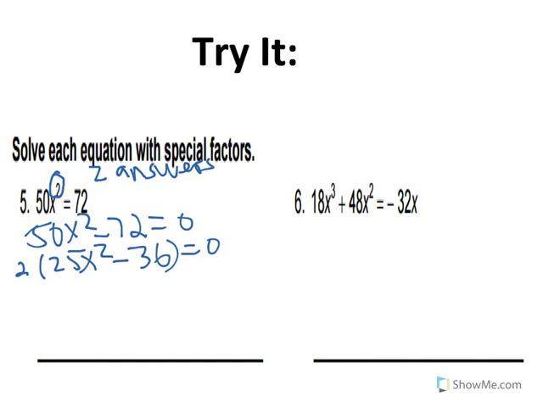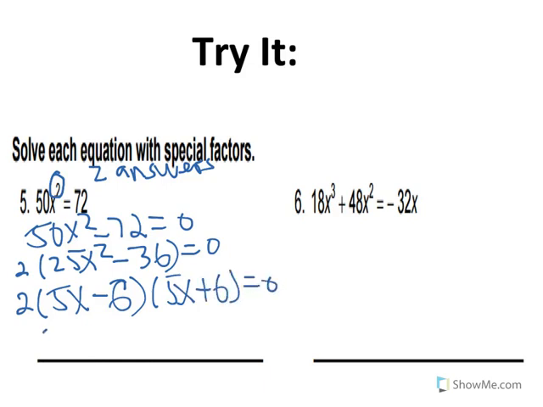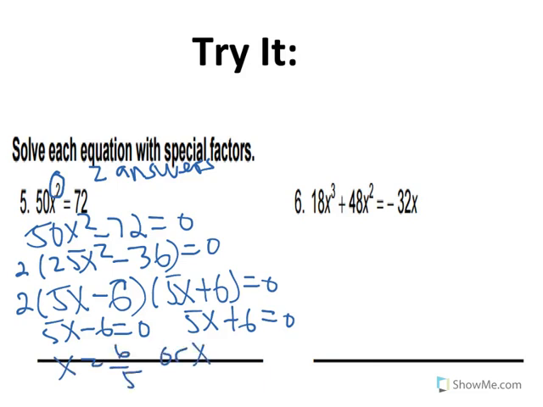Since 25 is a perfect square, 36 is also a perfect square, this gives us 5x minus 6 times 5x plus 6 equal to 0, which means that 5x minus 6 equal to 0, or 5x plus 6 equal to 0. So the answer will be x equal to 6 over 5, or x equal to negative 6 over 5. Okay, so we need 2 answers.